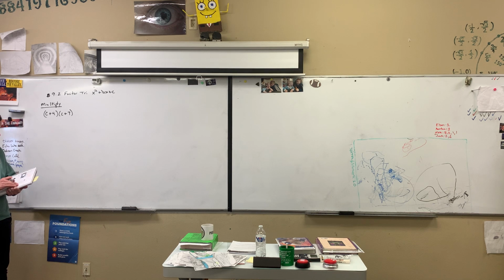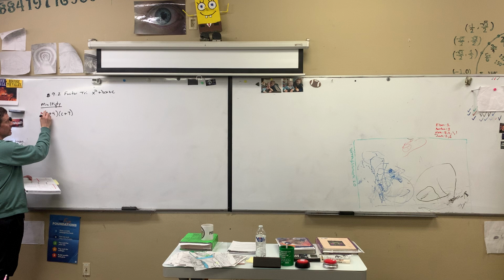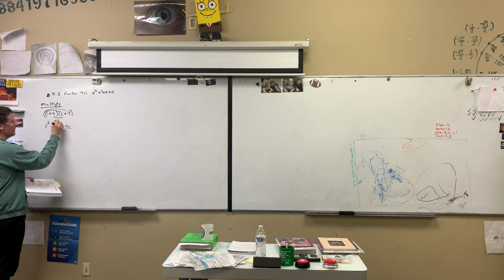You would FOIL it together, or just distribute. You take the c and multiply it by the c plus 7, you take the 4 and multiply it by the c plus 7. What we get is c squared plus 7c plus 4c plus 28.